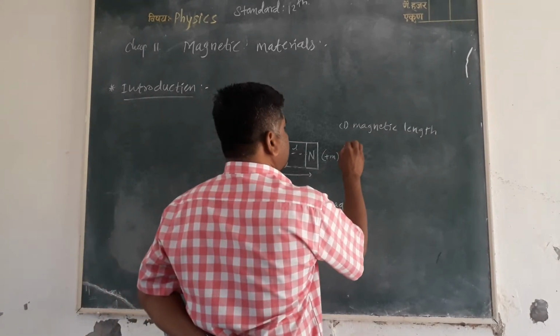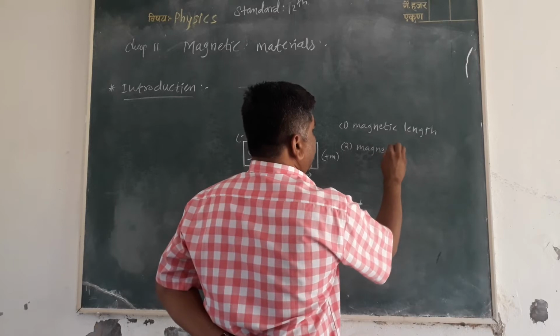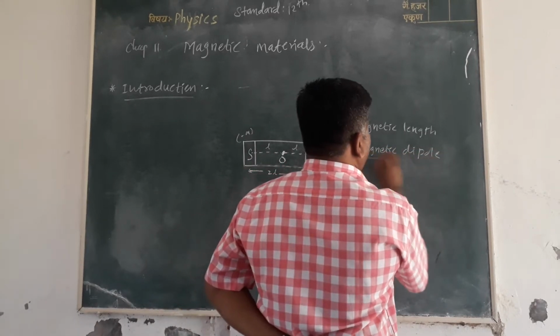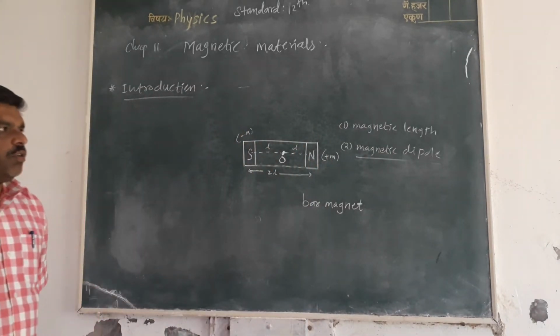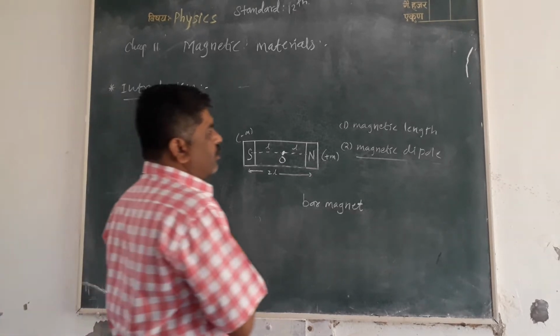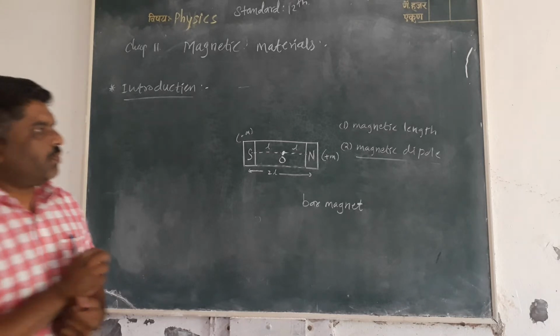Also we discuss the magnetic dipole. The magnetic dipole is nothing but magnetic length. Dipole means two poles, N pole and S pole.